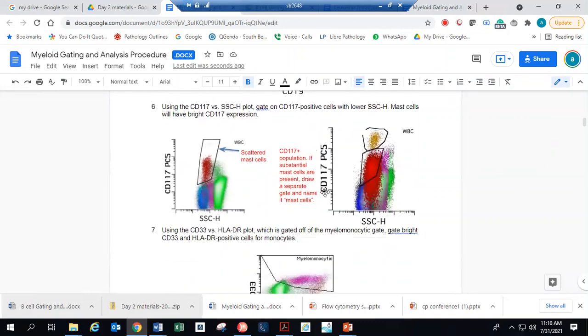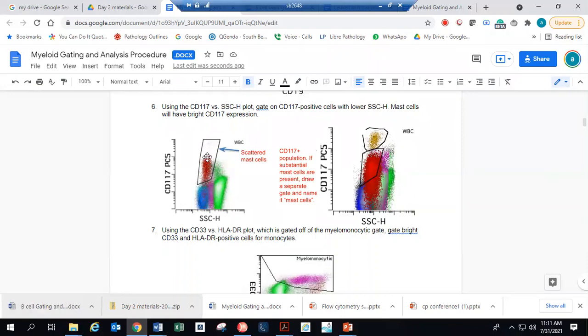Mast cells, they express CD117. So if you go over here, these are the WBC, the normal myeloid blasts, right? The red population is the normal myeloid blasts, and above that, the brightest. The normal myeloid blasts are also CD117 positive, and if you compare them to the other populations, it is kind of the brightest CD117 because they are myeloid blasts.